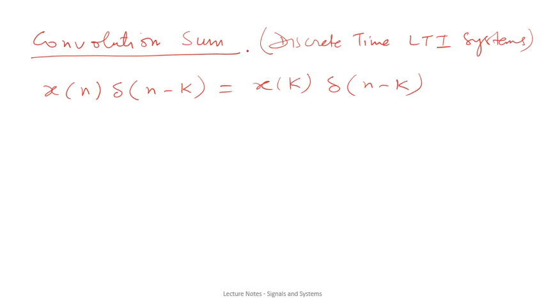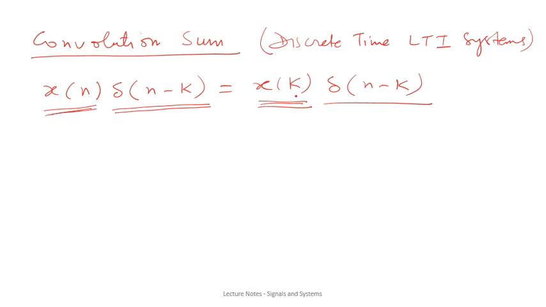In this property we demonstrated that the product of x(n) and a time shifted impulse sequence, which is this, means that the multiplication of a signal by a time shifted impulse results in a time shifted impulse with the amplitude given by the value of the signal at the time the impulse occurs.